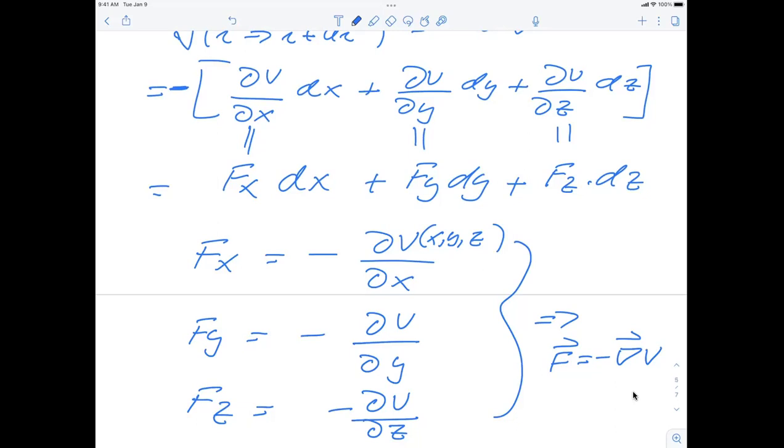So going this way, from having the potential as you have here and then taking the gradient, gives you the forces. And with the forces, you have the acceleration. And when you have the acceleration, you can find position and velocities as functions of time. Then you can solve the equations of motion and see how the system will behave as a function of time. This is at the end what we normally want to see when we run a calculation in classical mechanics.